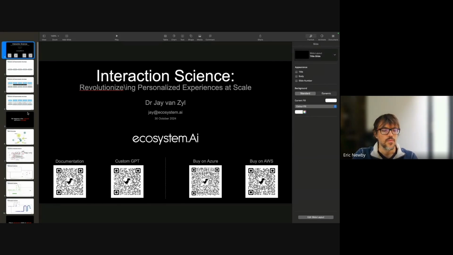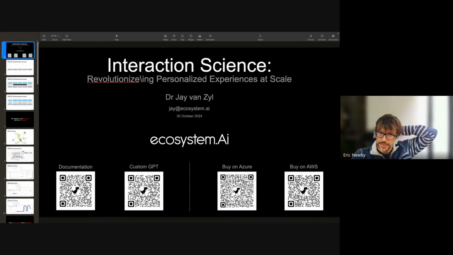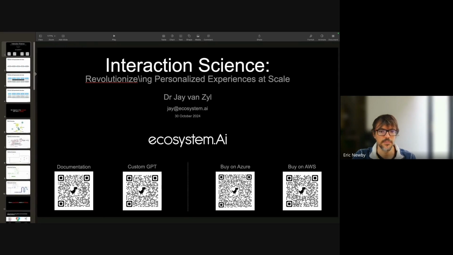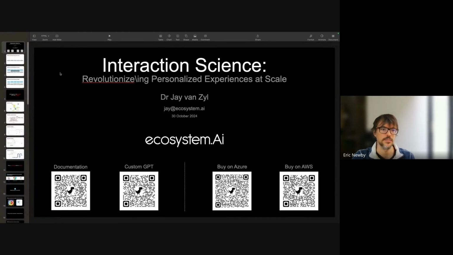There's been a couple of sessions around interaction science-based concepts recently. We thought we would give a summary of the use cases that can use interaction science, just to give everyone a practical idea of where it applies. Then we'll talk through some of the social constructs that we use in the interaction science space.